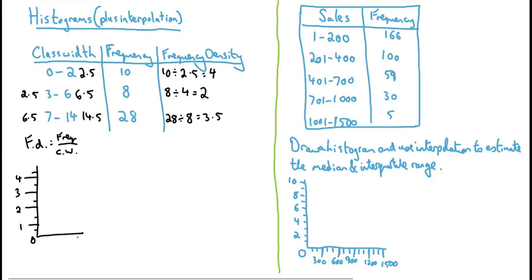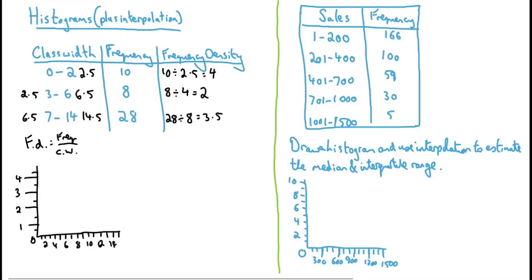And as for this x-axis here for the class width, we'll need to go up to, I'd say, 15 probably. So 1, 2, 3, 4, 5, 6, 7, 8, 9, 10, 11, 12, 13, 14, 15. There we go, and maybe just label every other one. So the 2, 4, 6, 8, 10, 12, 14, 15 at the end, or you could have gone up in 3s or so forth.